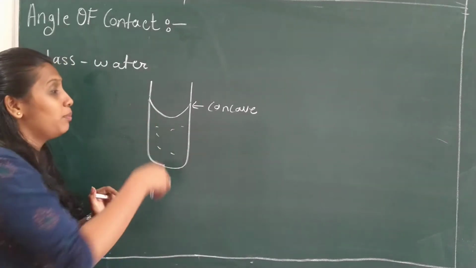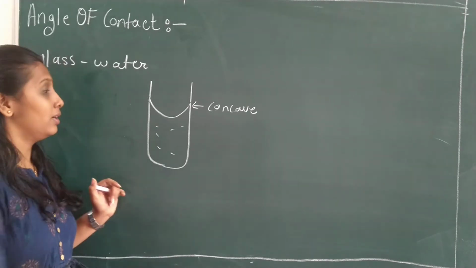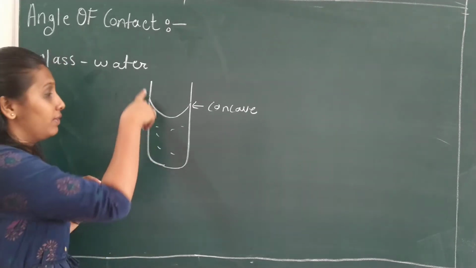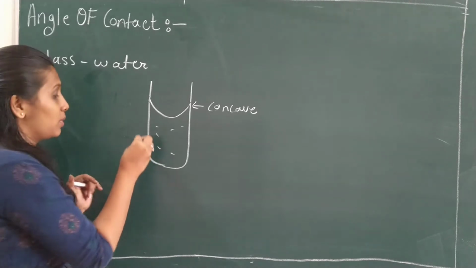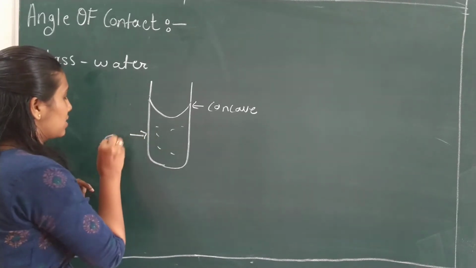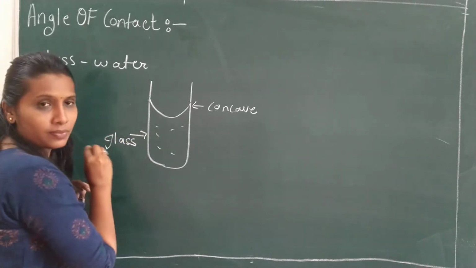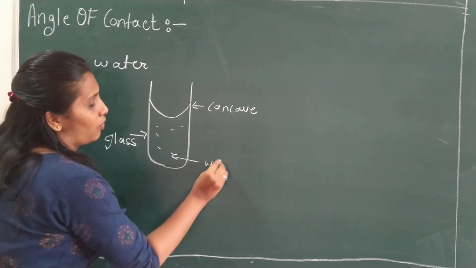Now, how can I measure the angle of contact of the liquid with respect to this solid? Because this is my glass tube and this is my water.